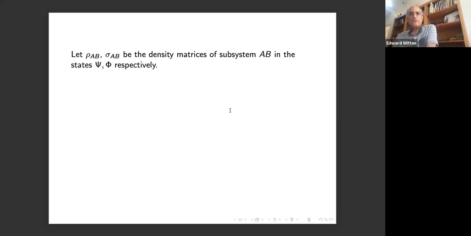Then let rho AB and sigma AB be the density matrices of subsystem AB in the states psi and phi.